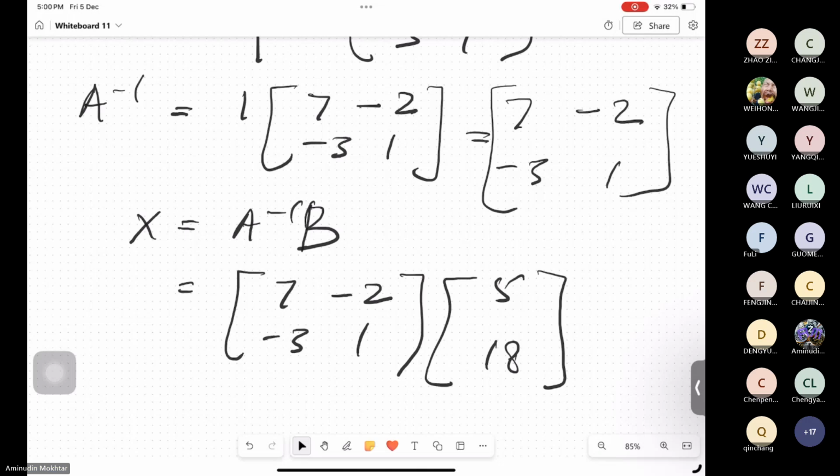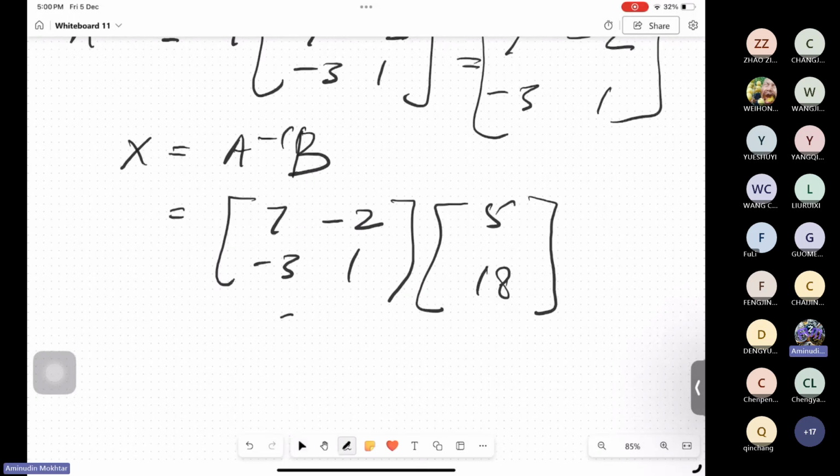So this is a matrix 2 times 2 times a matrix 2 times 1.